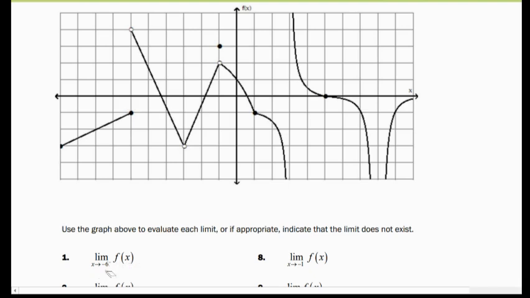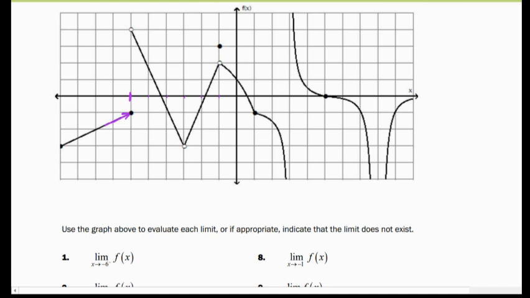So when I'm looking at this here, I'm looking at the x values that are going towards the x value of -6 from the left side. So when I go over, I'm going to go 1, 2, 3, 4, 5. So this right here is -6. And if I'm approaching from the left side, that means this direction here. So I'm saying, hey, if I was going along this way here, what is my arrow pointing towards?